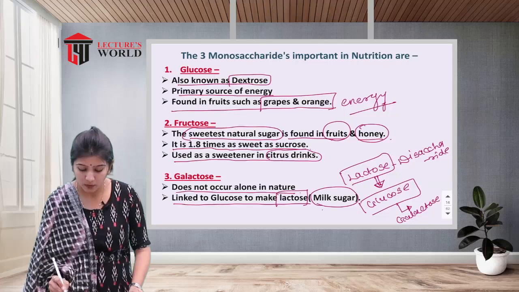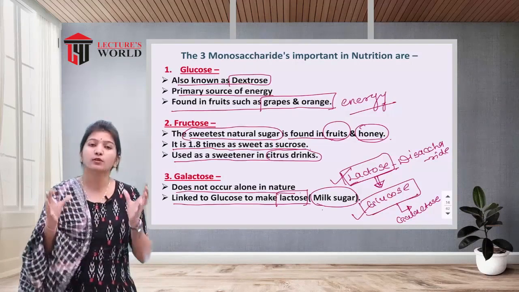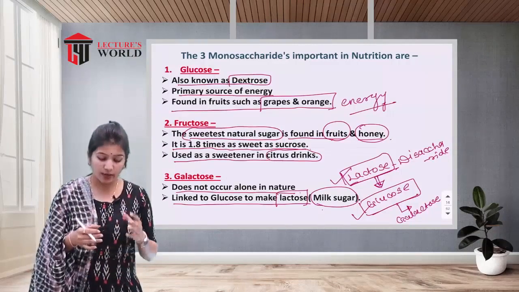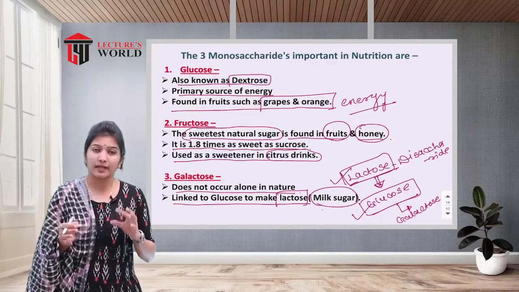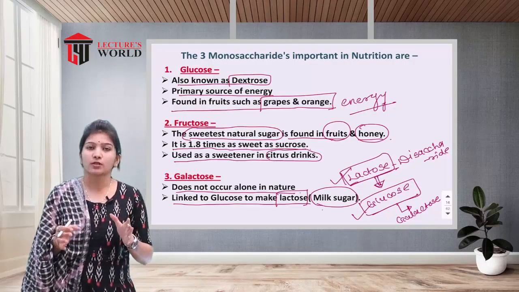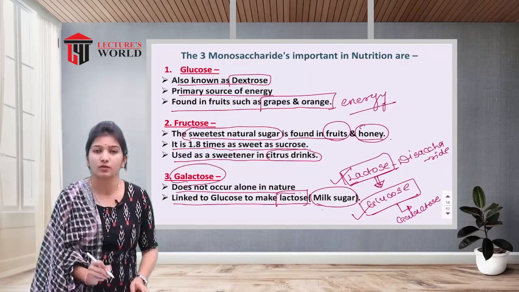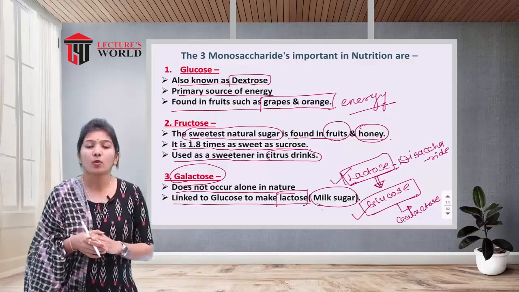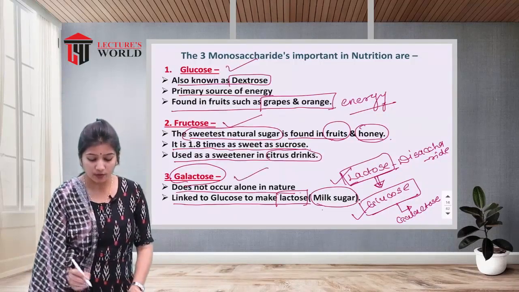You can see here the combination of two carbohydrates, they come together and make galactose. So it does not occur alone in nature; it is linked to glucose to make lactose. These are the types of monosaccharides, the three most important monosaccharides in nutrition: glucose, fructose and galactose.